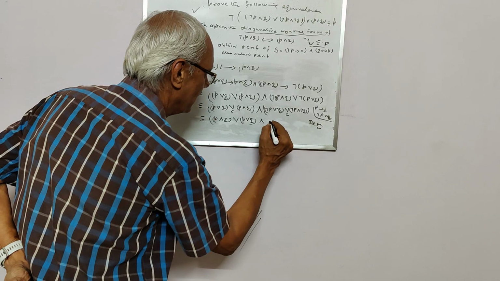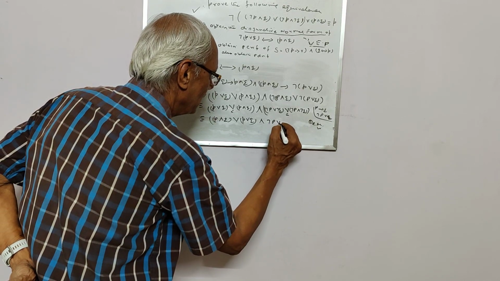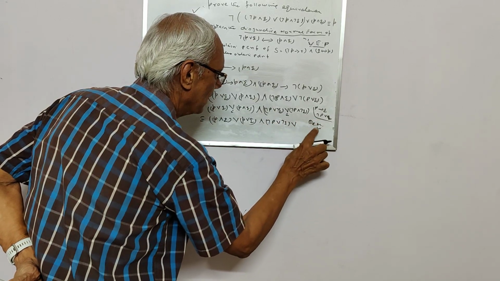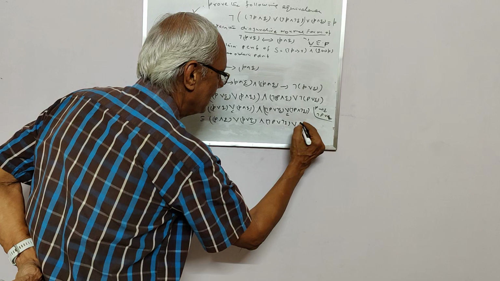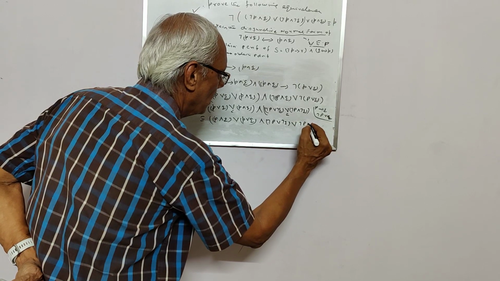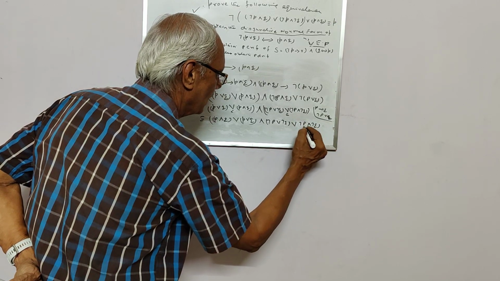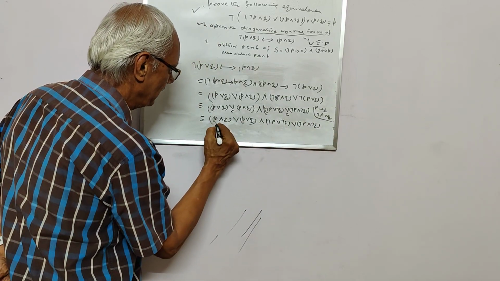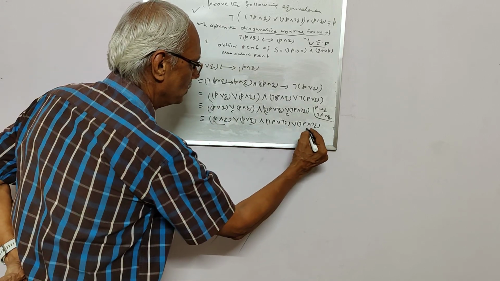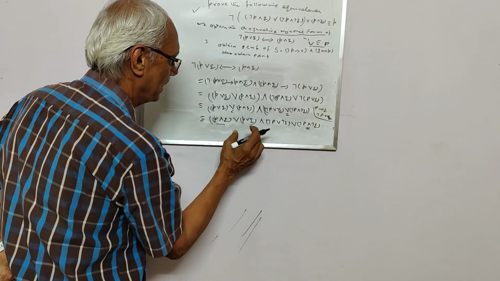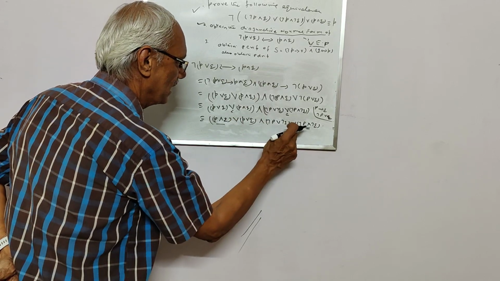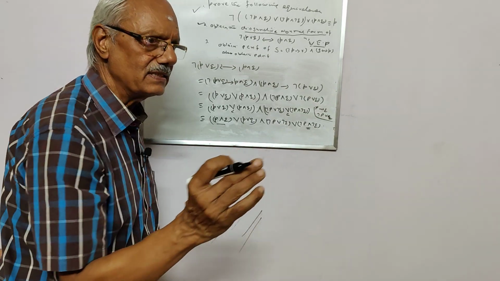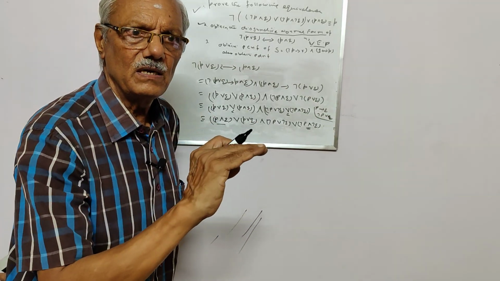Here again you can write this as negation P union negation Q, and this is union, I'll just remove this, union negation P conjunction negation Q. Now I have got an elementary product here, and here also there is an elementary product, and they are connected by this disjunction. I must concentrate only on this part to see that I get it as a disjunction of elementary products.